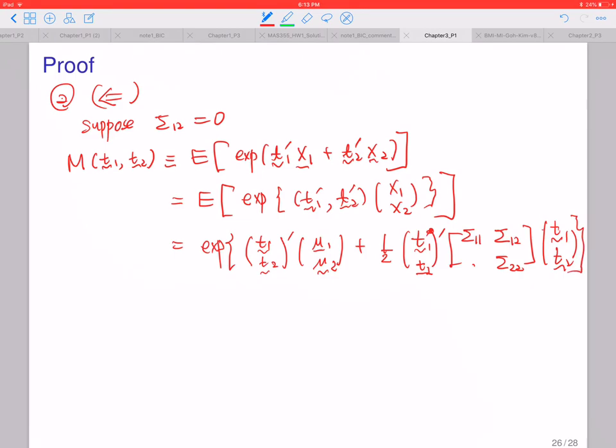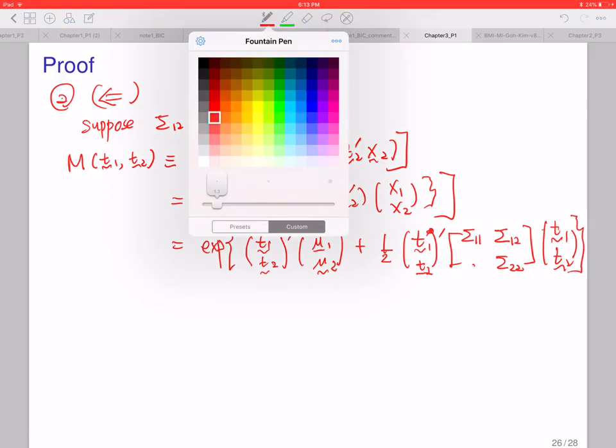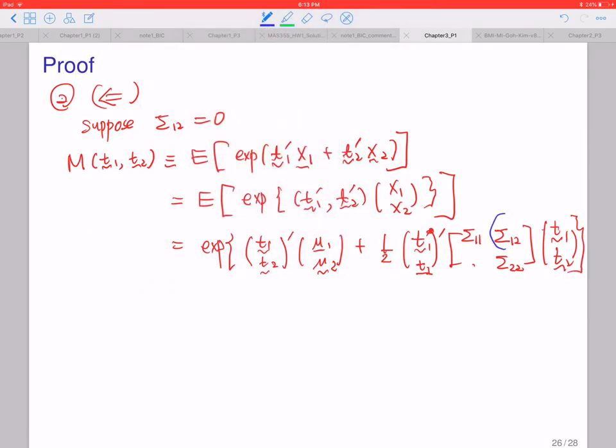So that is the MGF. The interesting part is that the off-diagonal block is 0.